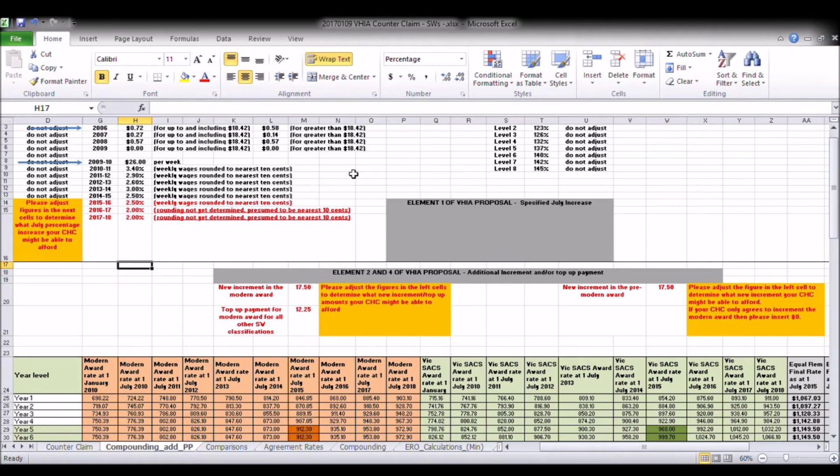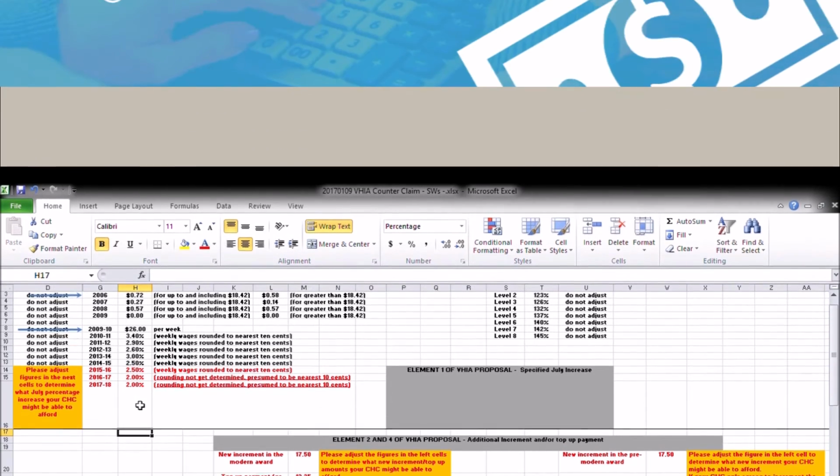That is element 1 of the VHIA, which is ascertaining what July increase community health centres may be able to afford if they are happy to promise a set increase in July rather than only flowing on the minimum wage increase, which is an unknown factor in 2017 and 2018.